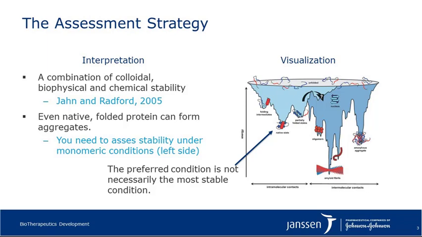And what we're looking for is ways to assess the conformation where other techniques won't give you that information in this space. And as indicated by the arrow, which indicates a native state or a preferred condition, it's not necessarily the most stable. That is, it doesn't have the lowest energy state across this whole funnel diagram.